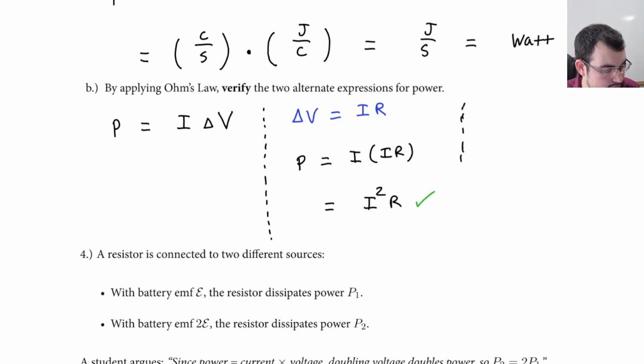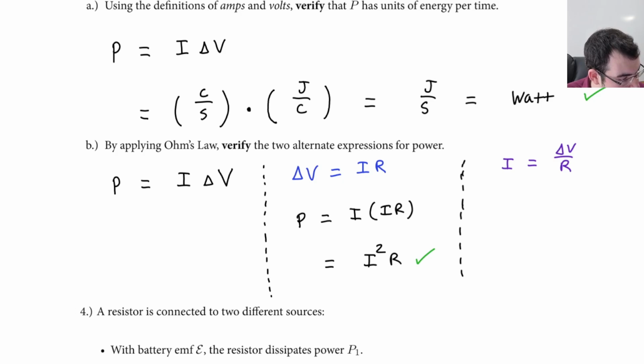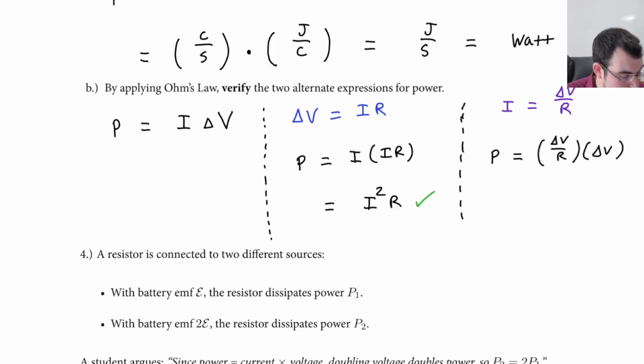Cool. What if instead you wanted to do the other substitution? Because we said that our preferred definition of Ohm's law says that I is delta V divided by R. So we can say that power is equal to I, which is delta V over R, times delta V. So we see that the delta V's combine in the numerator, and we get power is equal to, not centripetal acceleration, delta V squared over R. So we actually get quadratic dependence.